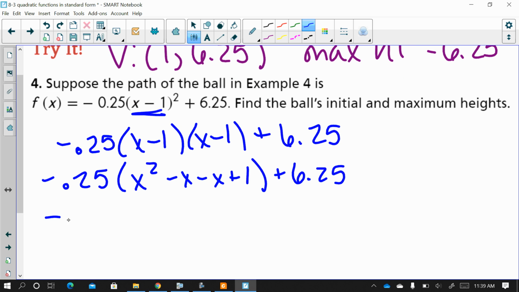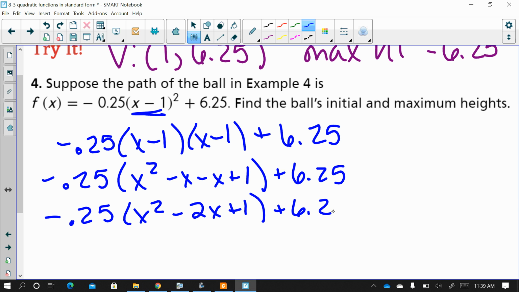Okay, combine my like terms. x squared minus 2x plus 1. Got to distribute that negative 0.25. 2 times negative 0.25, a quarter of 2 would be a half. So we got negative times a negative is a positive.